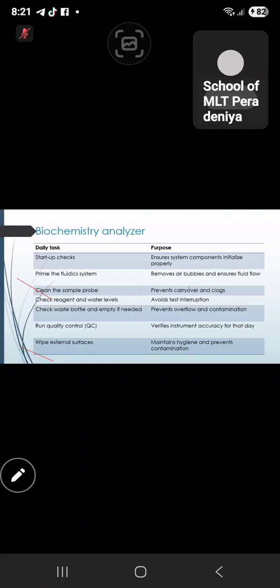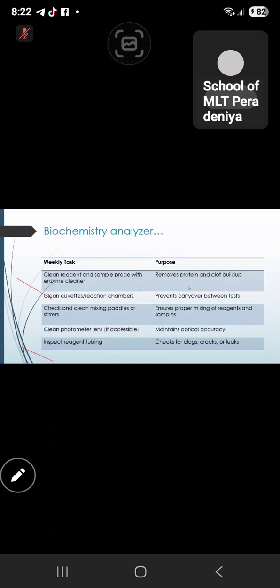There are some differences, right? Here cleaning the sample probe is there, and reagent and waste level are also there. Everything is the same, with a few differences: cleaning the cuvettes and mixing chamber. These are the new things, right? So I'll just go.